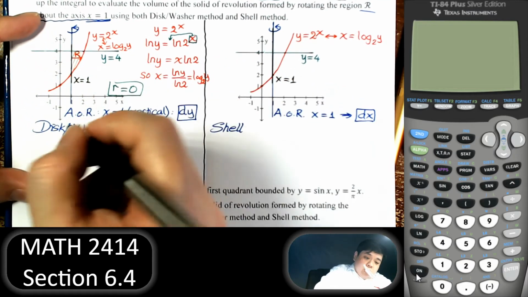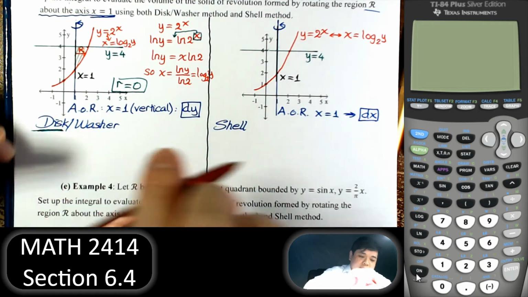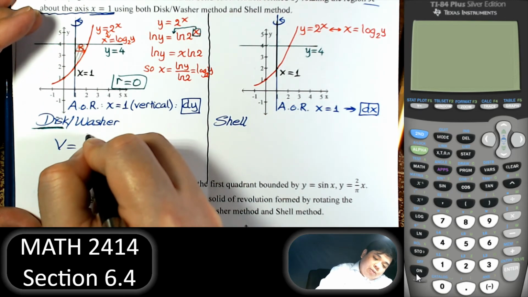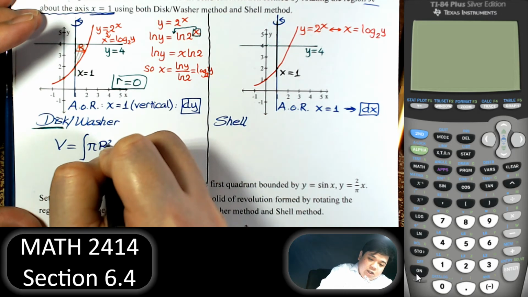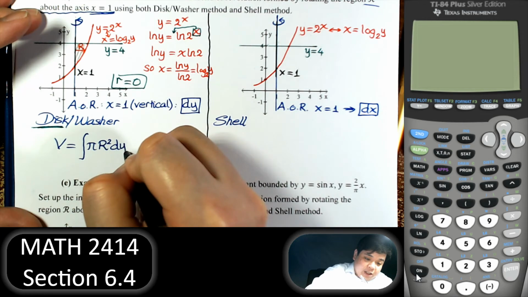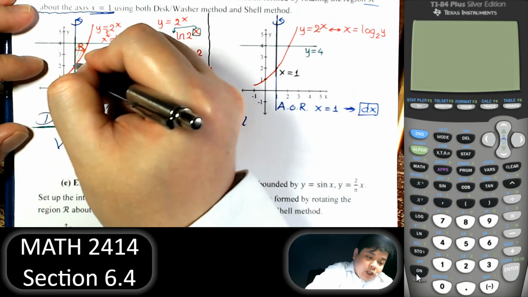So if it is 0, it's called the disk method. And so we just have V equal to pi R squared. That's just the disk method. We use dy. And y goes from 2 to 4.